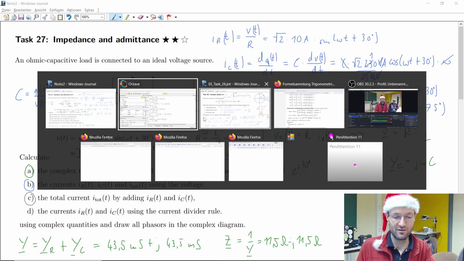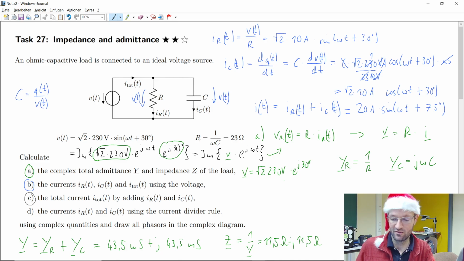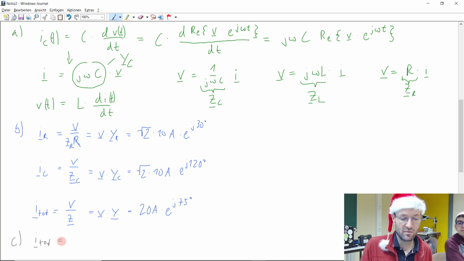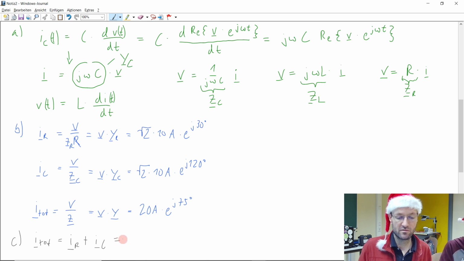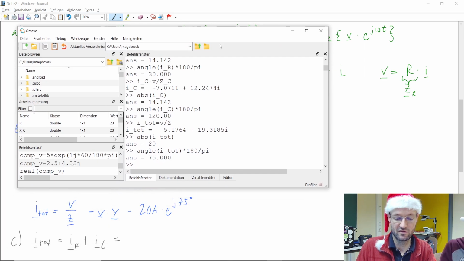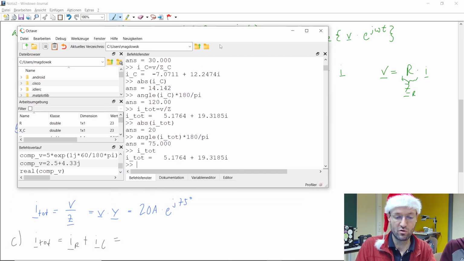Yeah, so now here in my solution, I've calculated the total current by the total impedance. Of course, we can also say, okay, we get the total current by adding IR plus IC. And so let's just check it in Octave. This is the total current that we had calculated before.